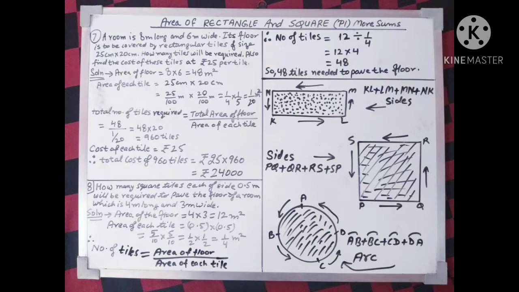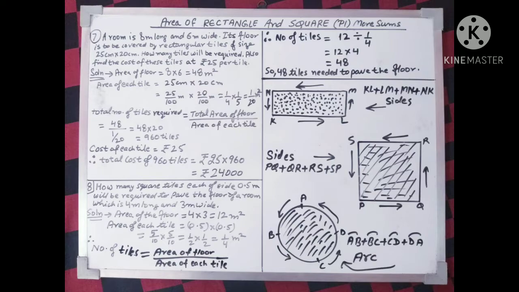So here we have 25 centimeter is equal to 25 by 100 meters and 20 centimeters as 20 by 100 meter. So area of each tile will be calculated as 25 by 100 into 20 by 100, which gives us 1 by 20 meter square, right?